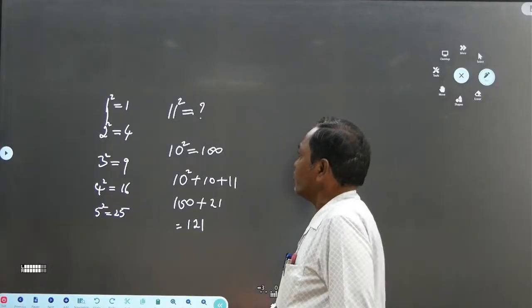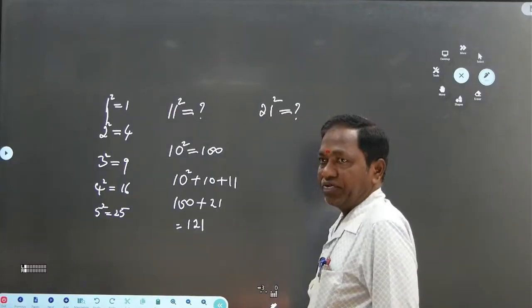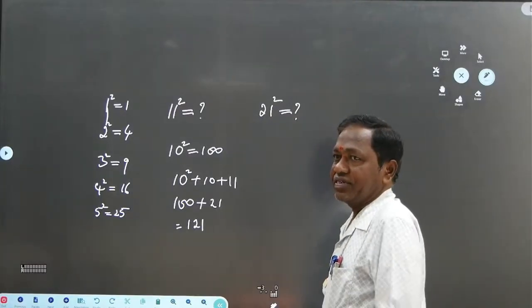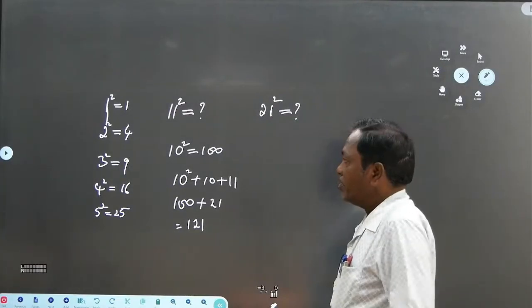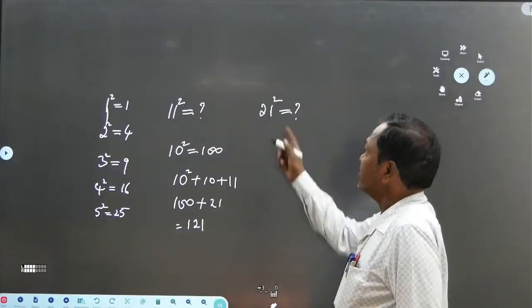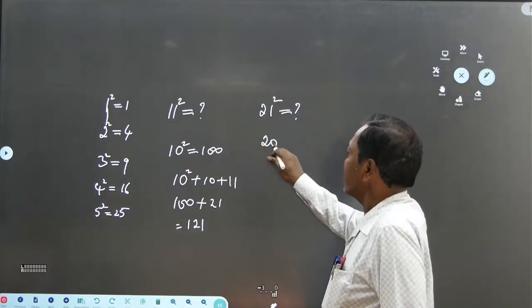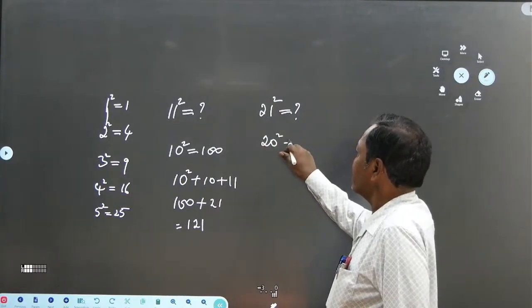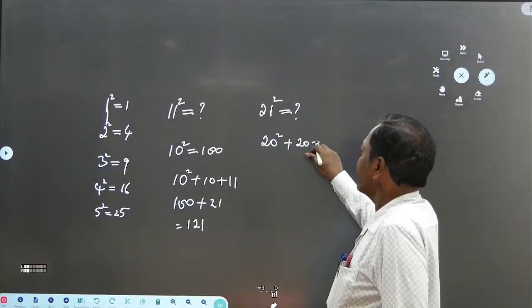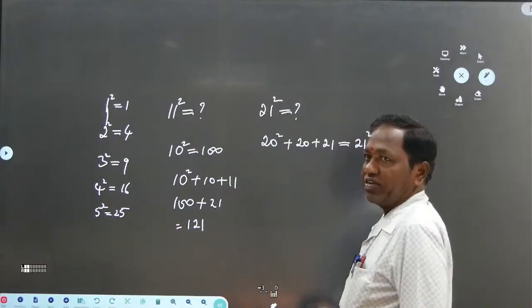Now we wanted to know 21 square. We don't know. You can check the numbers which have zeros. What is the previous easier number? 20. 20 square plus 20 plus the next number 21 is equal to 21 square.